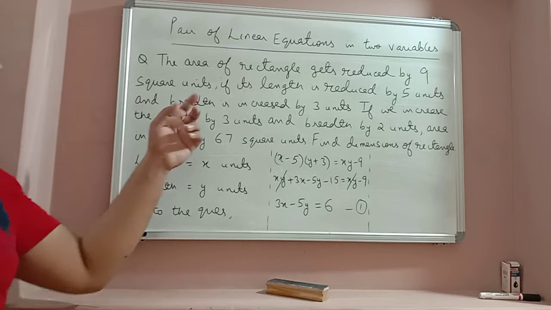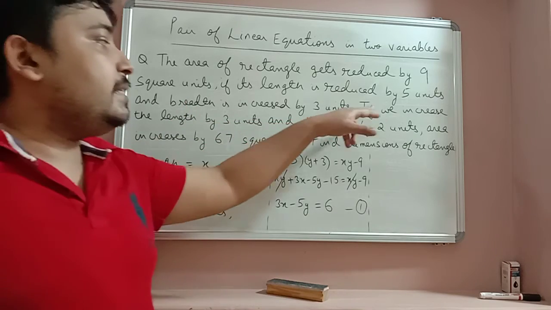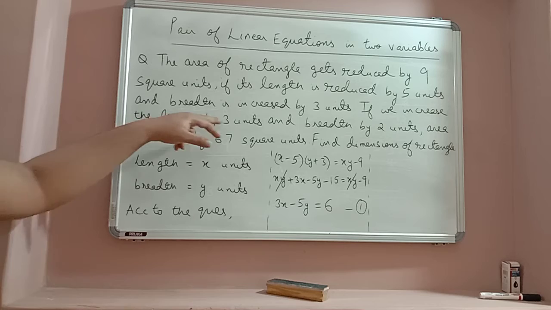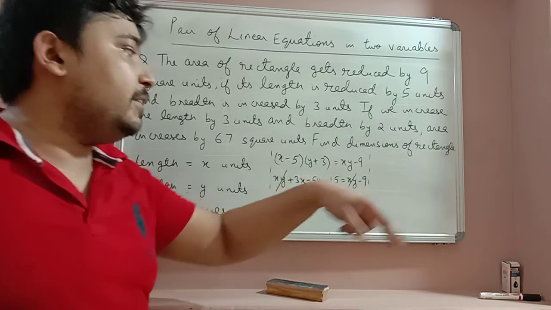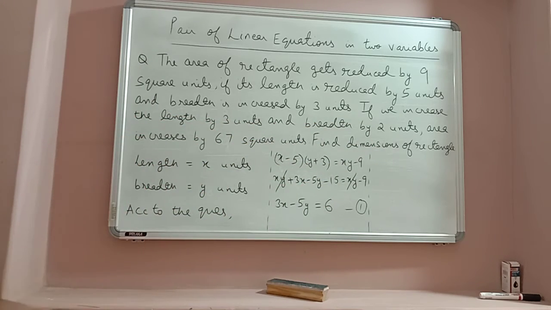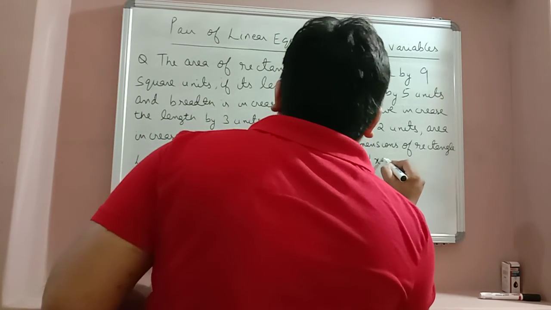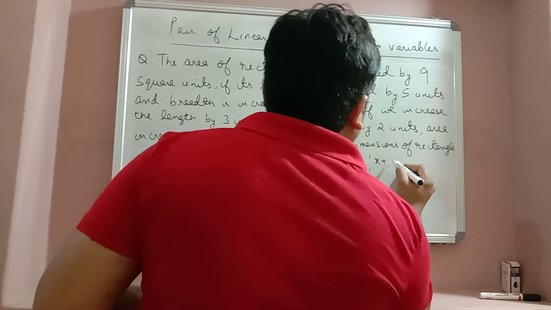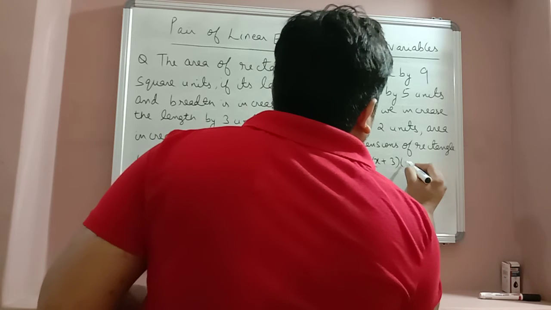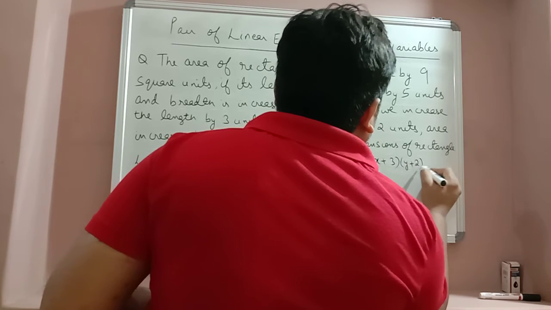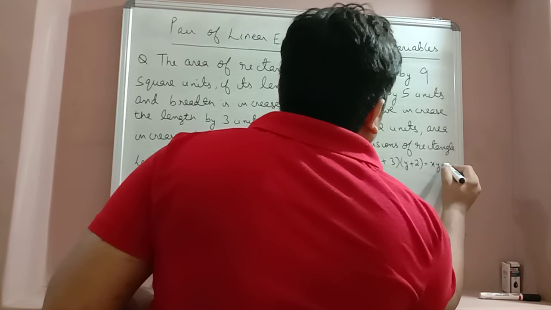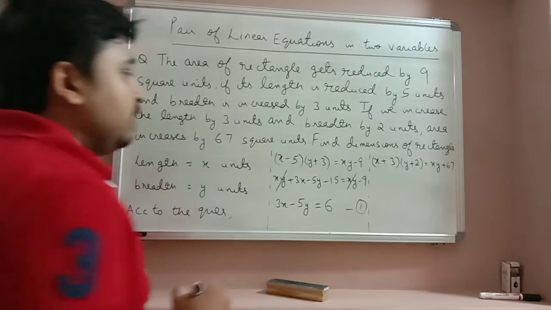Now let us find the second equation. Second equation says that if we increase the length by 3 units and breadth by 2 units, area increases by 67 units. So x plus 3 and y plus 2, area increases by 67 units, xy plus 67.